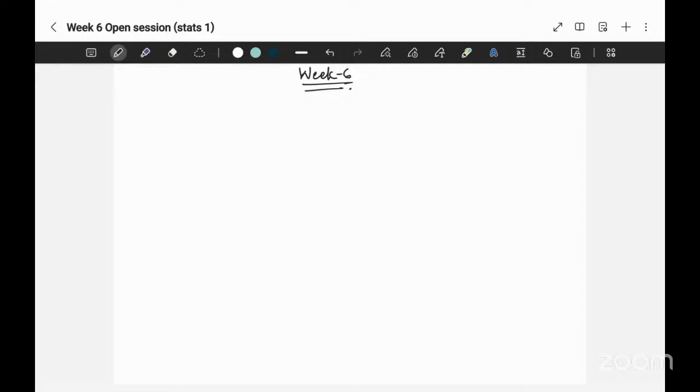Okay. So in week five, what all did we learn? We learned about permutation and combination. So what is permutation basically? Permutation is used when order matters, right? When order matters and we are trying to find the number of arrangements.